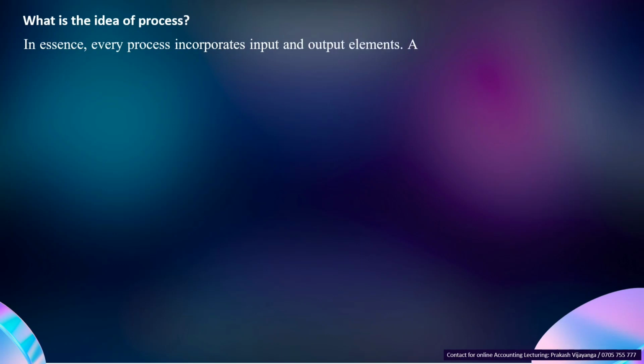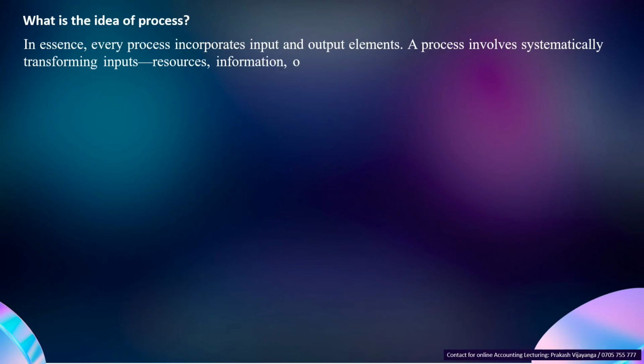A process involves systematically transforming inputs, meaning resources or information or material, through a series of organized steps to produce desired output or outcomes. So that is a simple meaning of process.